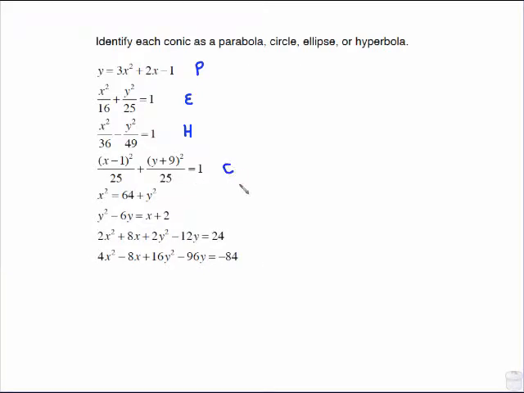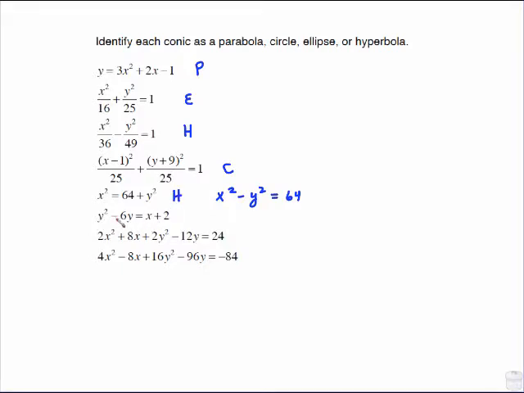I know we didn't do circles in pre-calculus, but you did do circles in college algebra, so you should recognize a circle. This has x squared and y squared in the problem, but it's not in any kind of form I recognize. I need to have the x squared and the y squared together on the same side. So if I subtract y squared from both sides, I'm looking at x squared minus y squared equals 64, and there you go, you have your minus, therefore it's a hyperbola.